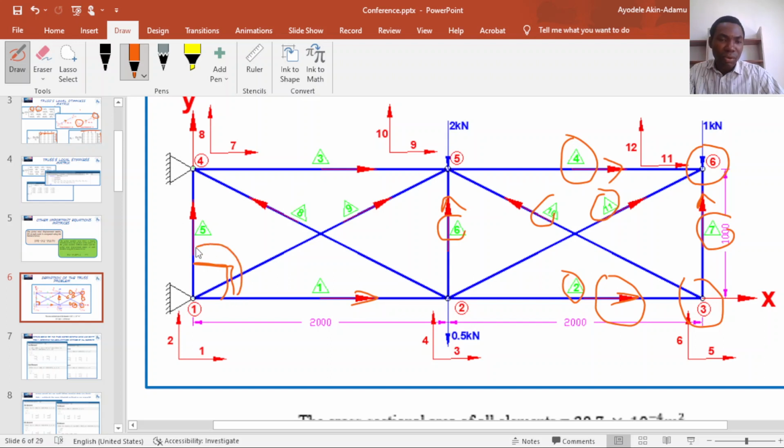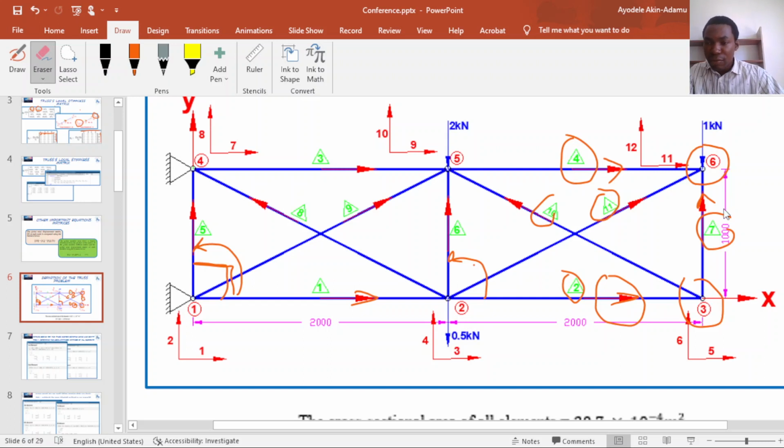This angle is measured in an anticlockwise direction. So the angle for member 5, according to my arrow direction, will be 90 degrees. For element 6, the angle is also 90 degrees because the arrow points from node 2 to node 5.